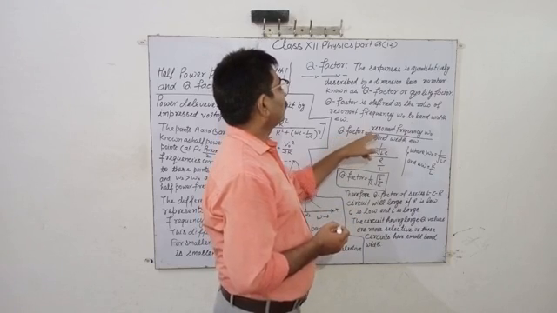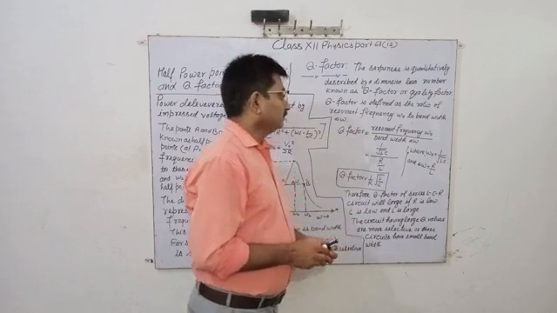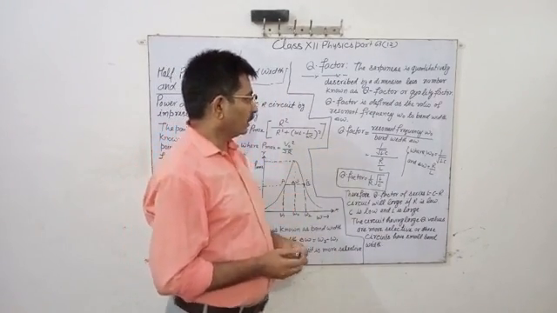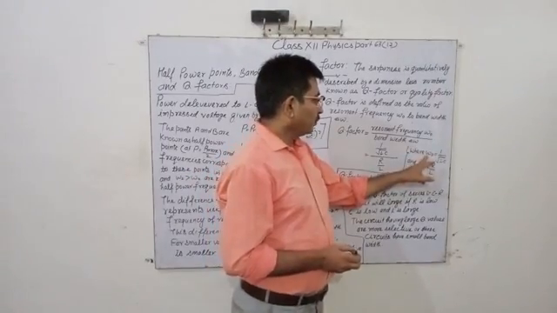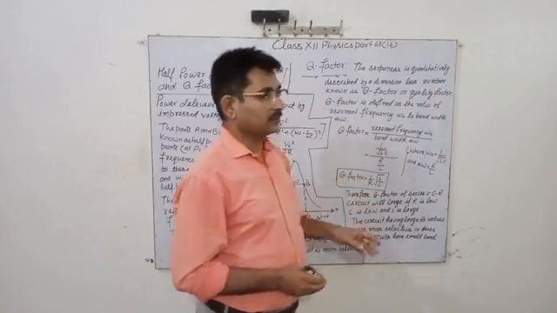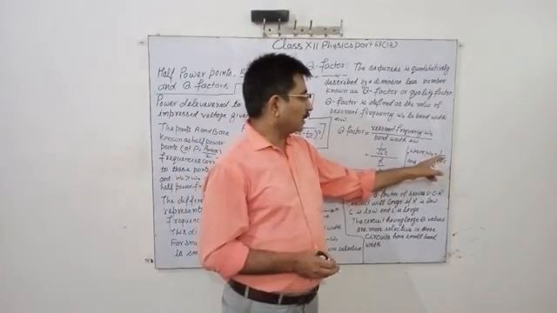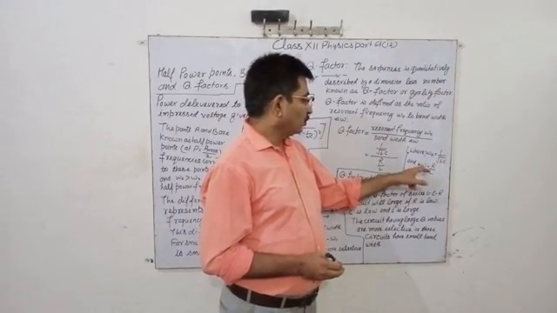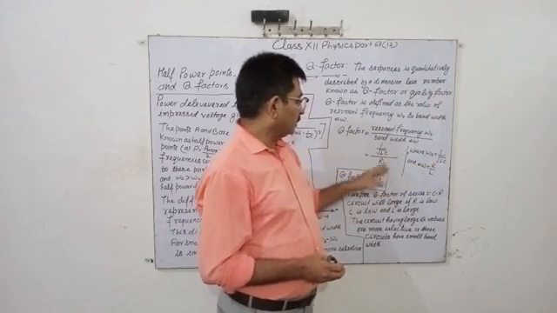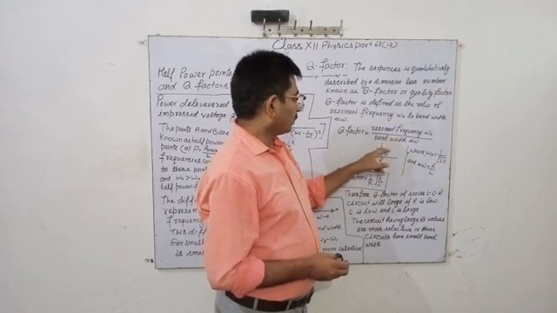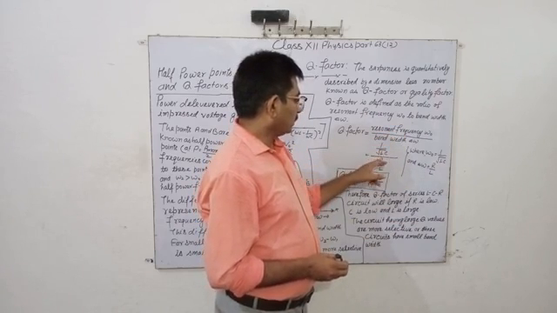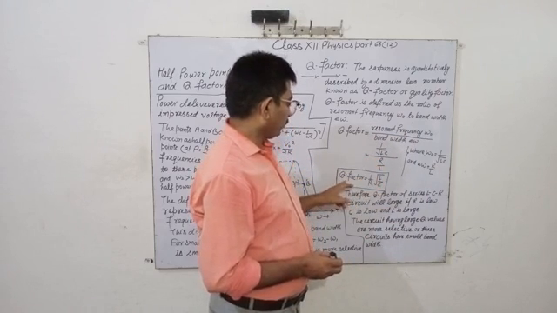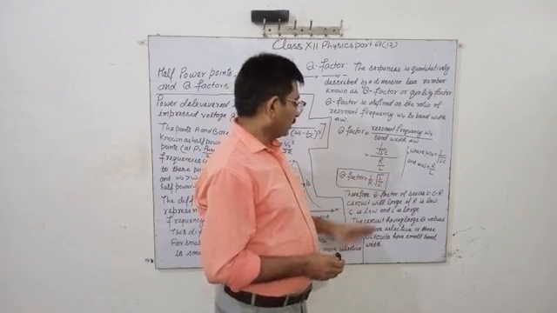Q factor equal to resonant frequency omega naught upon bandwidth delta omega, where omega naught equal to 1 upon root LC, and bandwidth delta omega equal to R by L. Putting in the value of the resonant frequency, 1 upon root LC, divided by R upon L, we get the Q factor as 1 by R root L by C.